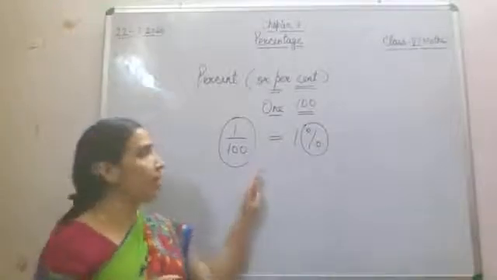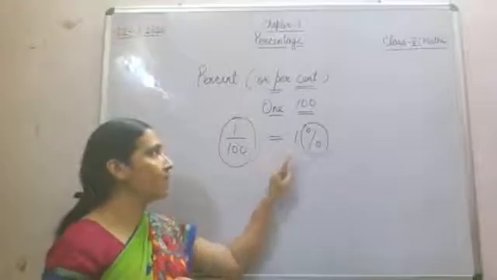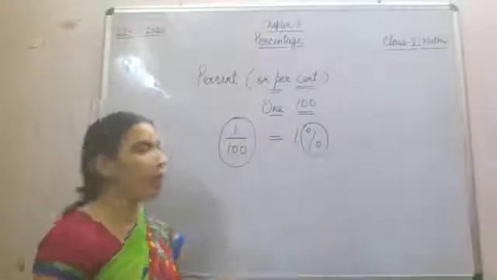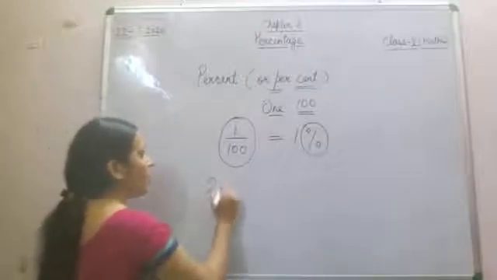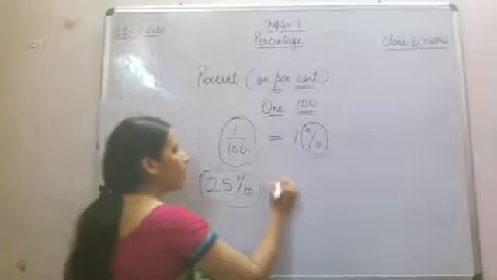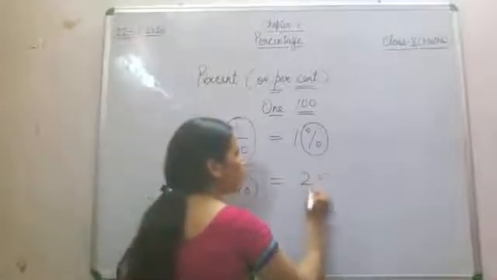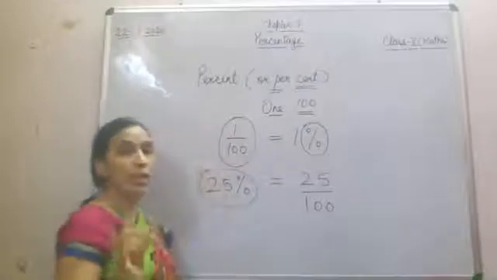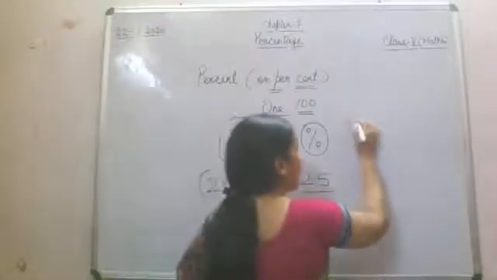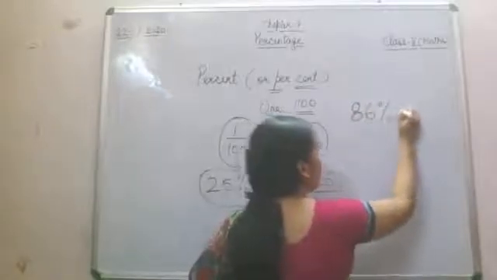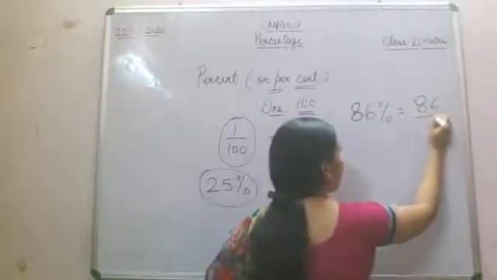For example, here we have taken this percent, that is 1 by 100, and we write it as 1%. If I say 25%, how do we write this 25%? We write it as 25 by 100. It means if I say that I have got 86%, it means 86 will be divided by 100.